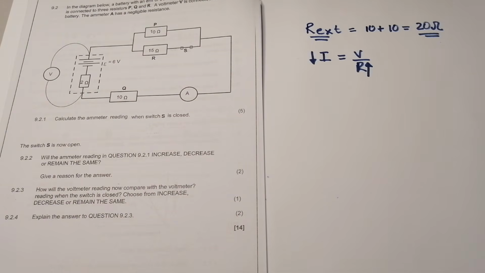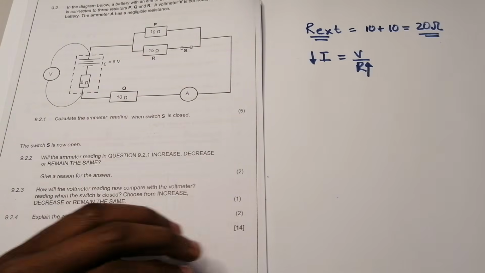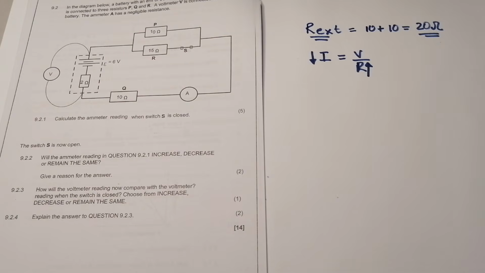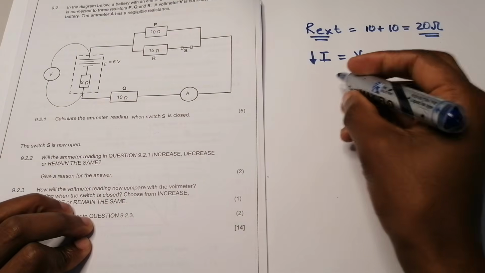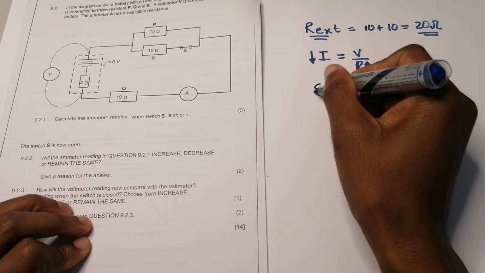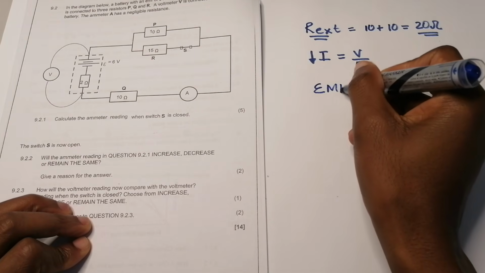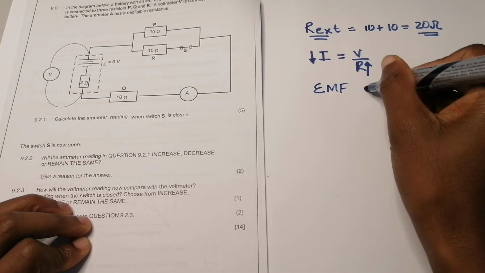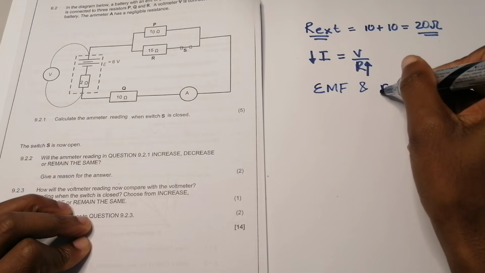Now, I want you to keep in mind two things that remain constant in a circuit, if I don't add any more batteries or whatever. Two things that should always remain constant will be the EMF of the cell, as well as the internal resistance.